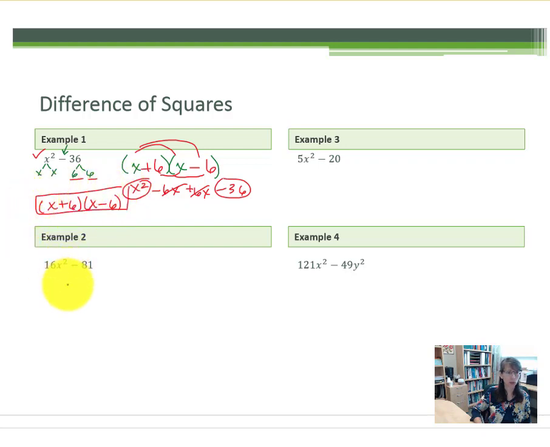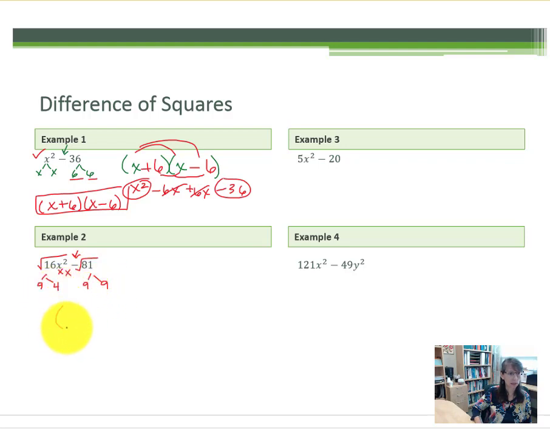In example 2, we have 16x squared minus 81. We do have subtraction, so that's a good indicator it could be a difference of squares. And then think about square roots. Do we have numbers and variable terms that are perfect squares? 16 comes from 4 times 4. X squared is x times x, so that looks hopeful. 81 is 9 times 9.